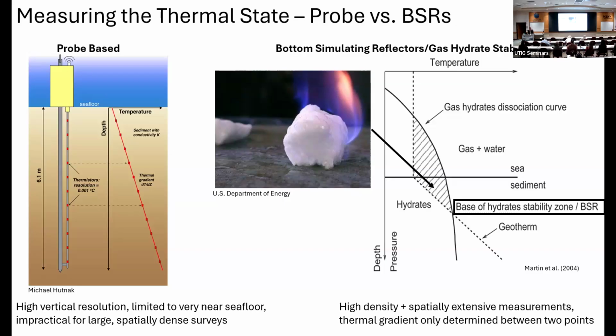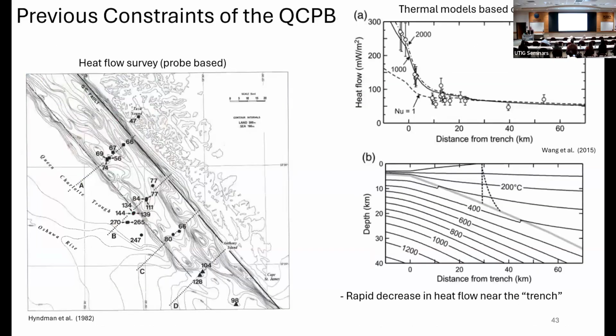This method is advantageous because it has a high sampling density with very spatially extensive measurements, compared to the more standard heat flow probe, which is limited to very near the seafloor and only measures one specific point.